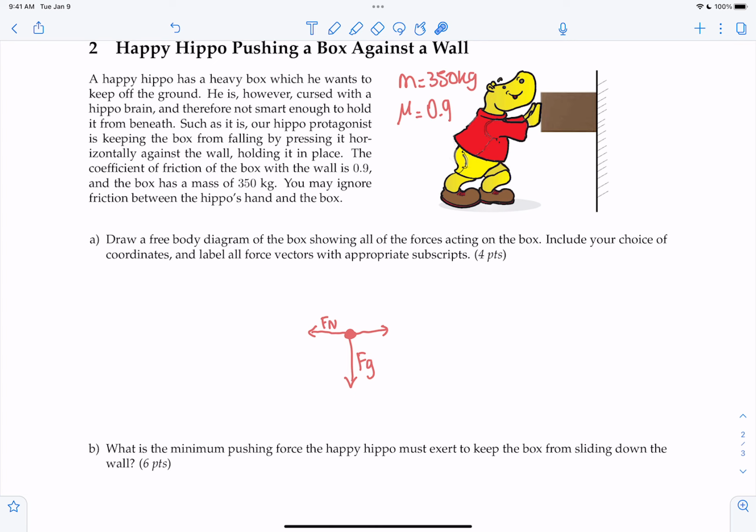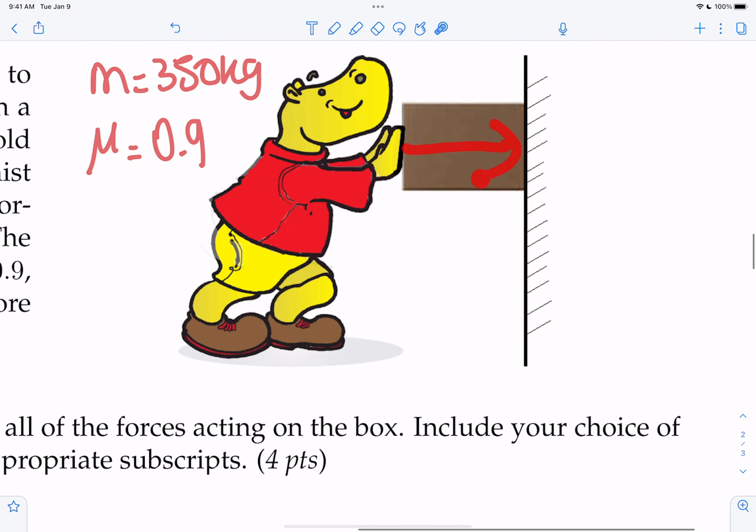Because think about if I push this box to the right. If there's no force acting back on that box, it's going to go straight through the wall. It's going to keep moving, right? Because I'm applying some kind of net force at that point. That push is being applied so that I'll be moving in the right, positive x direction.